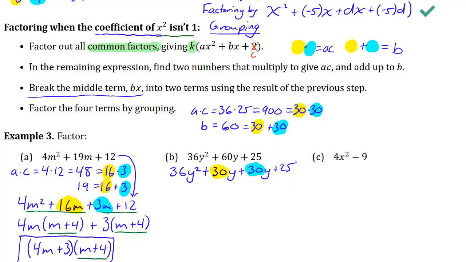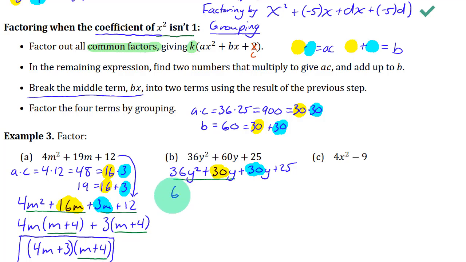All right, so now that that's done, we've broken down the middle term, 60y, into two terms using this result. Now we're going to factor the rest by grouping. So let's see, what do we have in common over here? They both have a y, and they both have 6 as a factor.